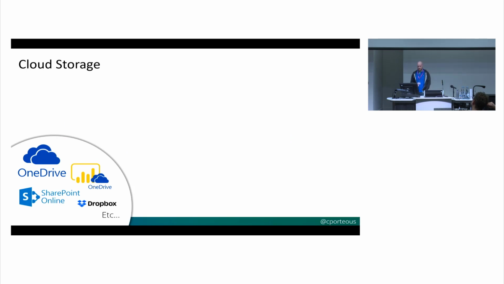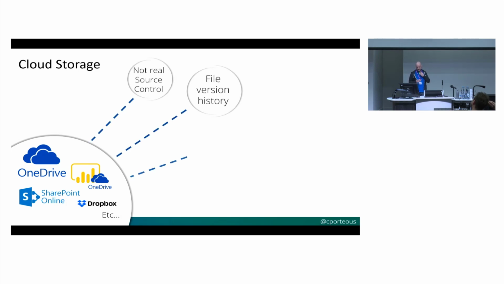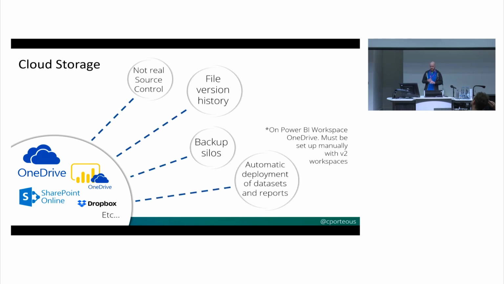So starting off with cloud storage, as I said, you've got OneDrive, you've got lots of options here. A key thing to remember about cloud storage is it's not real source control, it's version history. You've got all of those versions of files as they're saved, but it isn't proper source control. You're not getting that granularity of exactly what's changed between each of these versions.